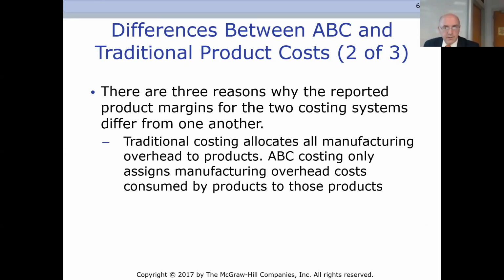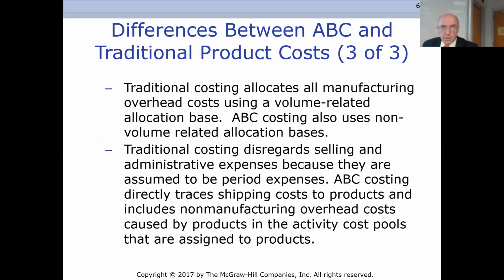So there are 3 reasons why the reported product margins for the 2 costing systems differ from one another. Traditional costing allocates all manufacturing overhead to products. ABC costing only assigns manufacturing overhead costs consumed by products to those products. And traditional costing allocates all manufacturing overhead costs using a volume-related allocation base. ABC costing also uses non-volume-related allocation bases.